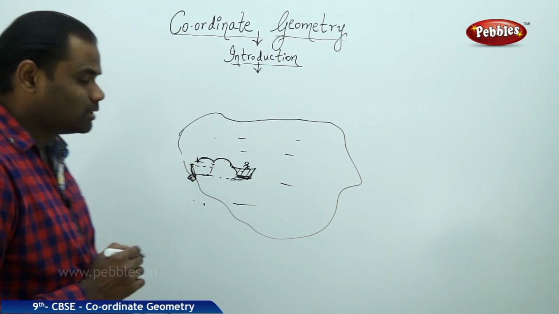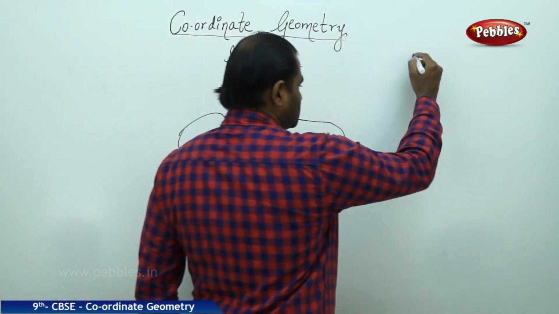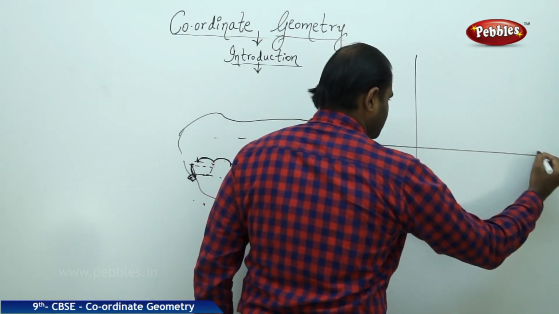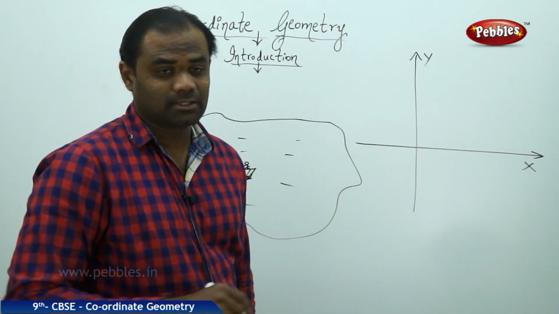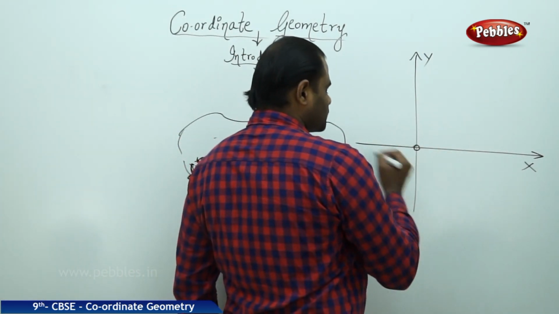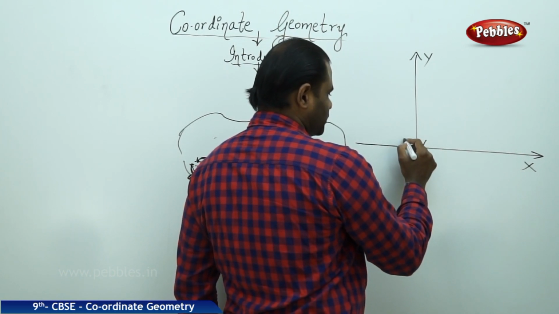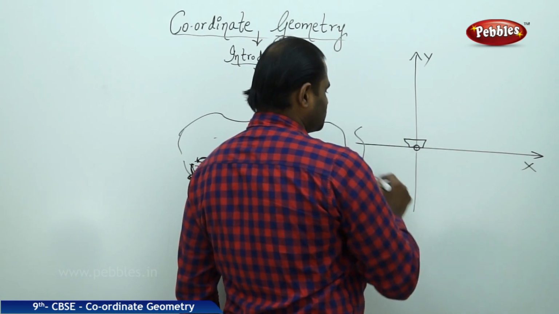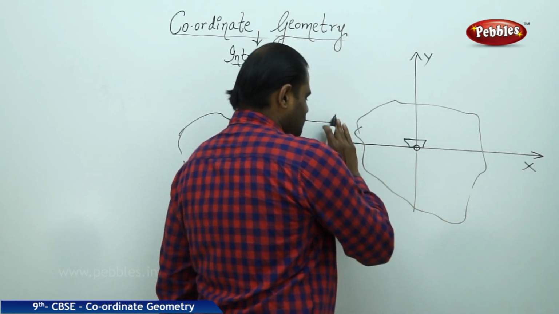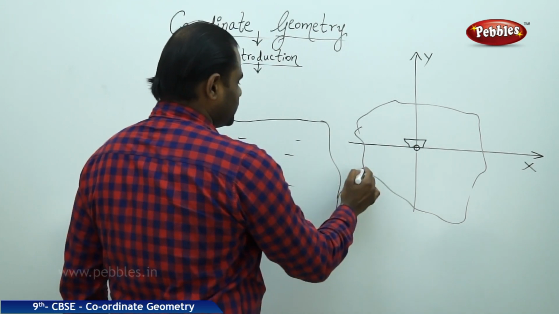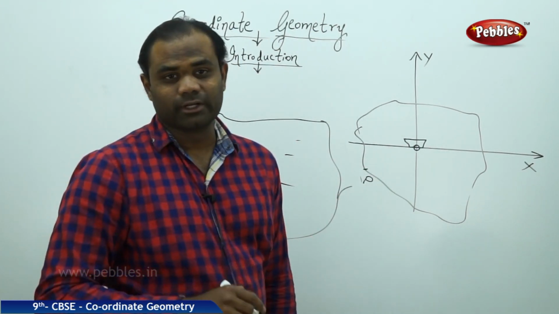So let's see how this is possible more briefly through the graph. I assume a graph, with x and y axes intersecting at the origin, and I assume the ship is initially at the origin, in the sea. Now his destination to reach at point P is identified through coordinate geometry.